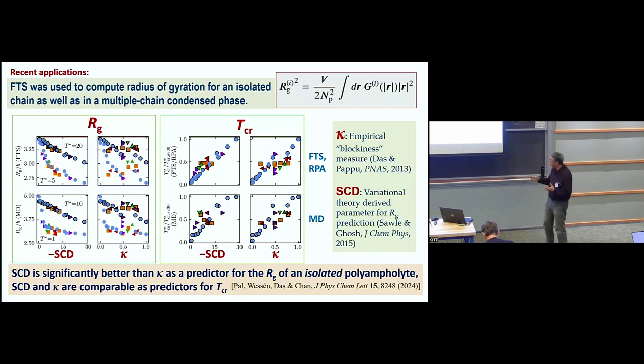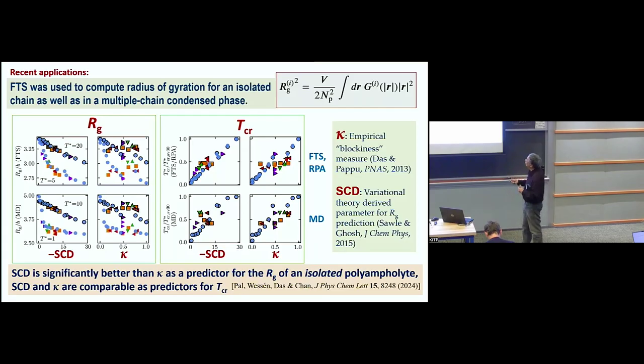And we found that when you look at Rg, these are two different reduced temperatures, SCD is really very good. This is over a bunch of sequences, similar to Rohit's set, but we also introduced some other sequences to challenge these parameters. But kappa is not that good. This is because of some local, non-local effect that I won't have time to go into.